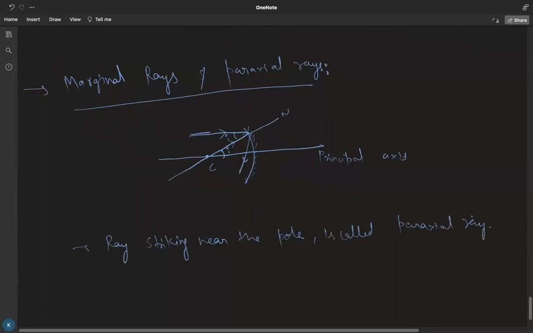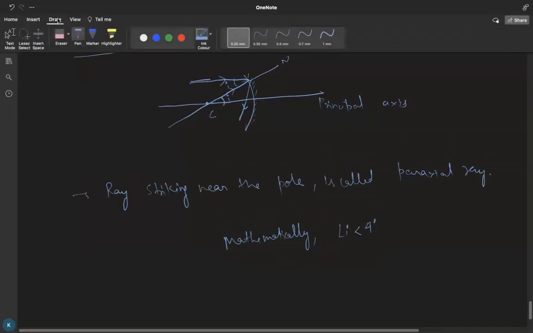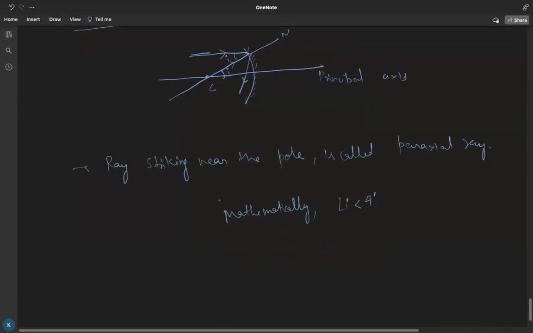Mathematically, the angle of incidence is less than 4 degrees. Let me write it in a clear way: the angle of incidence is less than 4 degrees. So whenever the ray strikes near the pole, this is our pole, it is called a paraxial ray.